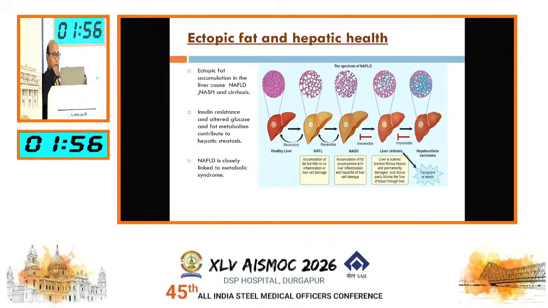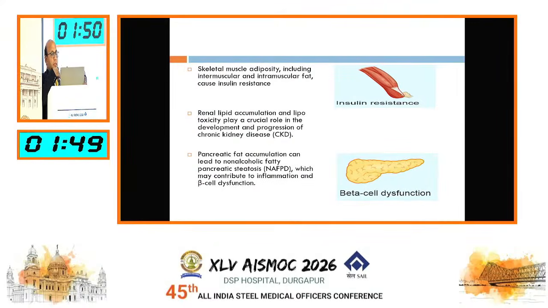Insulin resistance is another very alarming factor. Skeletal muscle adiposity, including intramuscular and intermuscular fat, causes insulin resistance. Renal lipid accumulation and lipotoxicity play a crucial role in the development and progression of chronic kidney disease. Pancreatic fat accumulation can lead to non-alcoholic fatty liver disease, which may contribute to inflammation and beta cell dysfunction.